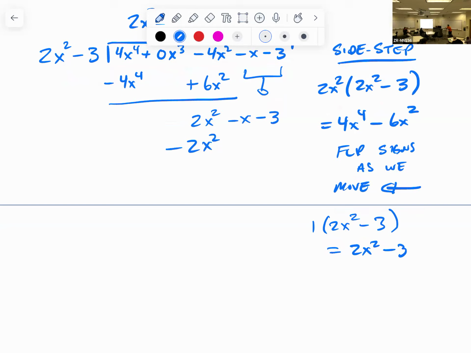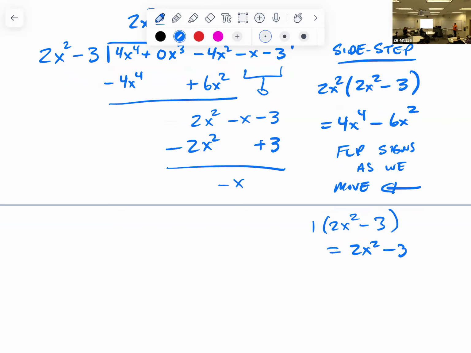And again, notice the signs, flipping the signs. So when I line this up, 2x squared minus 3 minus x minus 3 minus 2x squared plus 3. What does that leave? Negative x.